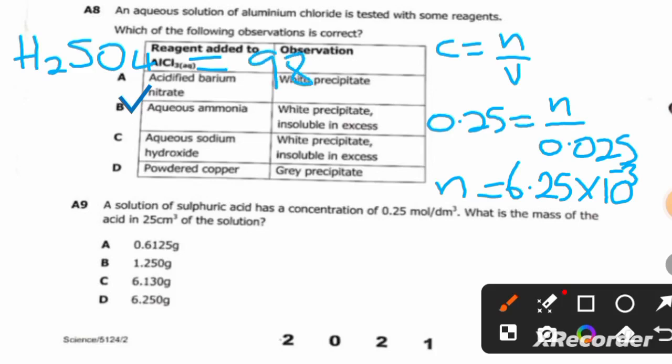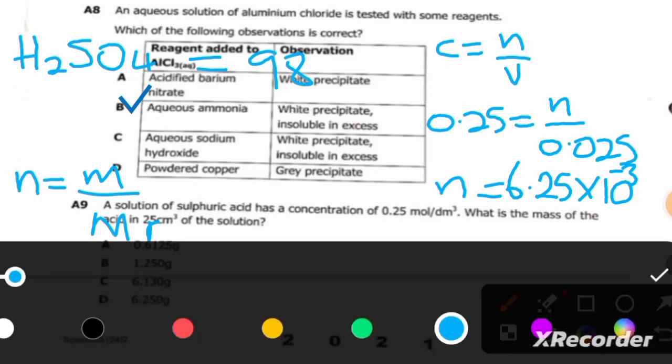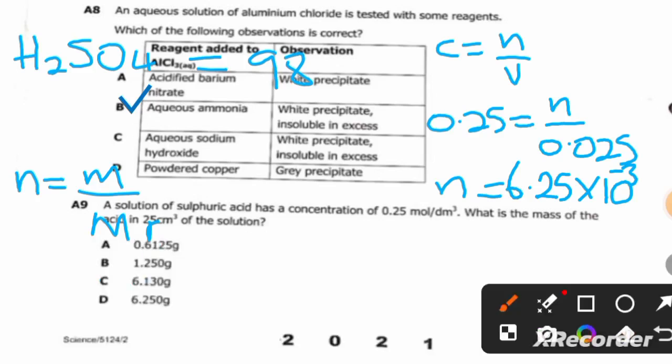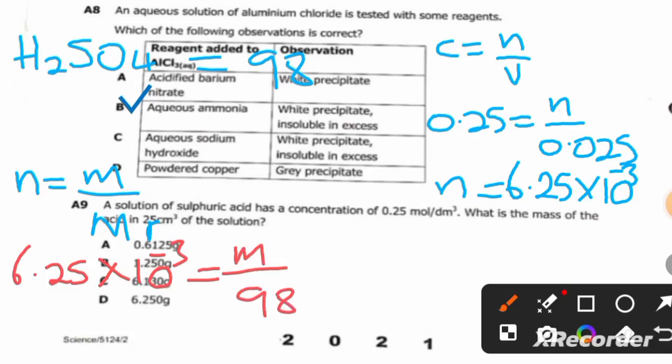So the number of moles is equal to mass over molar mass. The number of moles we have, 6.25 times 10 to the power negative 3, is equal to mass, which is what we are looking for, over molar mass, which is 98.